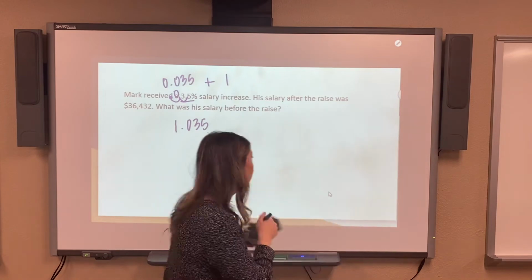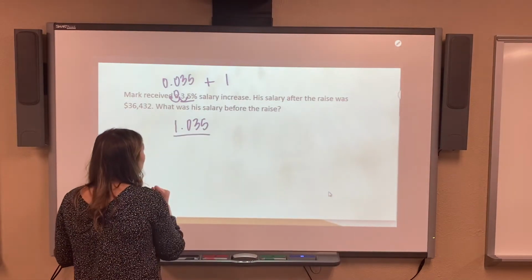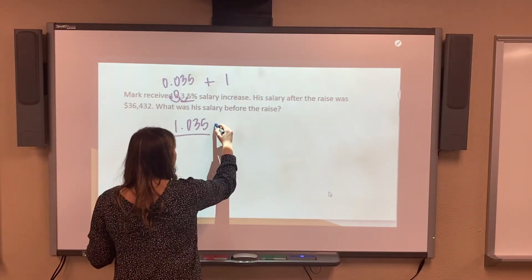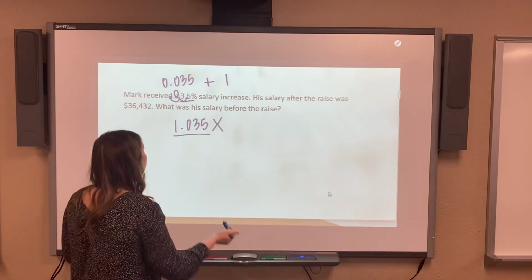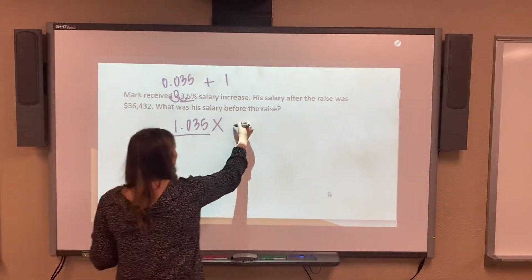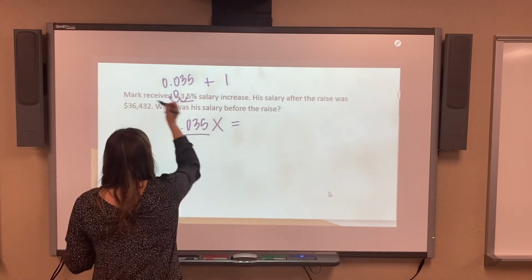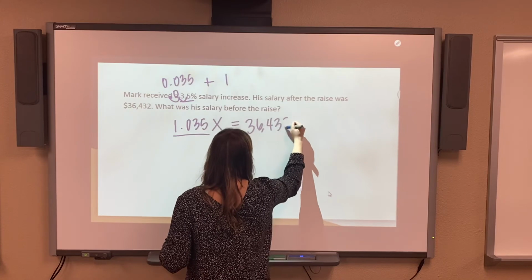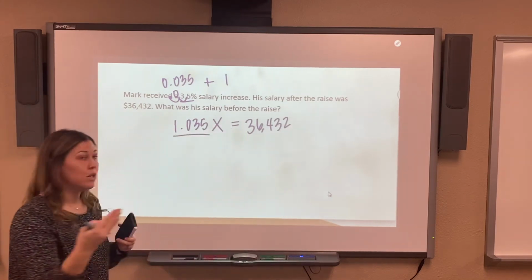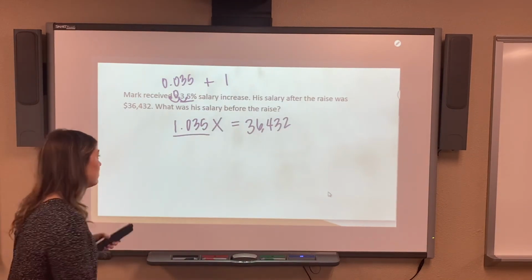So we take our percentage and multiply it by his old salary, which we don't know, that's x. That equals 36,432, his new salary. And so we just solve for x.